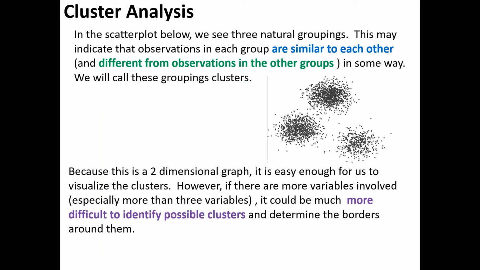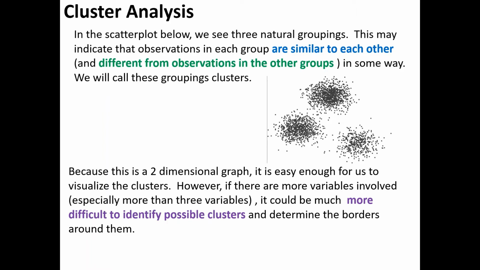Now, since this is a two-dimensional graph, it's easy for us to look and see, oh, I see three different groups. It's definitely more difficult when you add dimensions. You can imagine a three-dimensional graph where, if you could see the graph in 3 dimensions, you might be able to find groups that way. But when it gets into more dimensions, like 4 dimensions, 5 dimensions, and so on, then it's impossible for us to imagine.